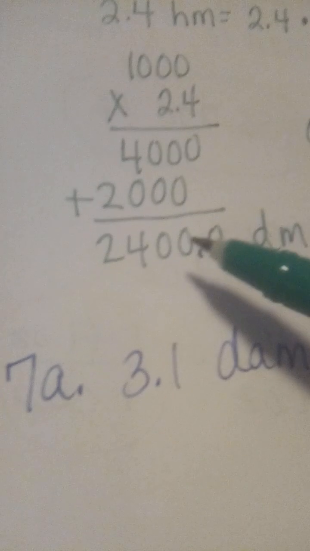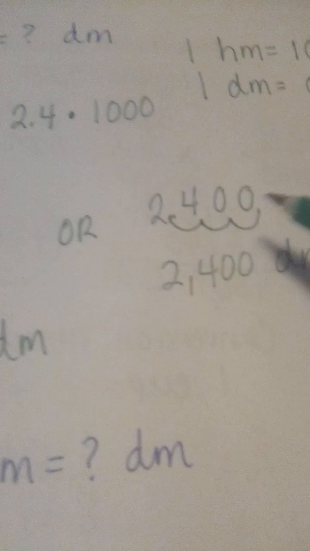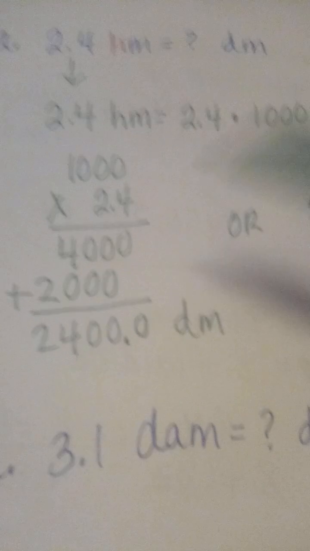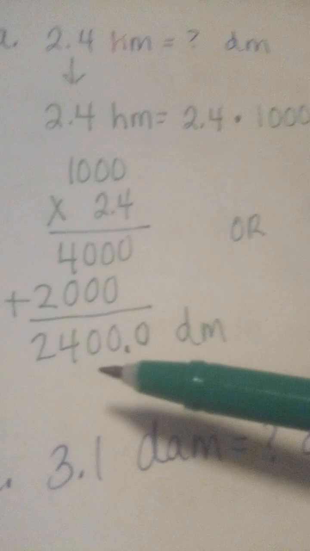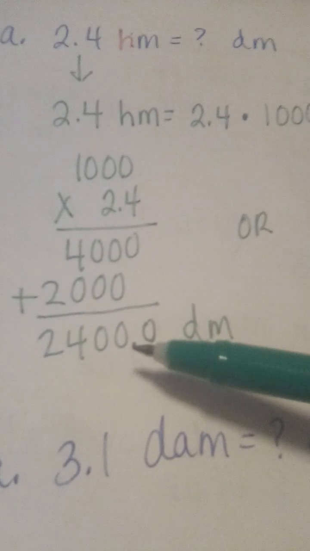Does this match the original one? Yes. Because in this instance, you move the decimal point 3 places to the right. So you got 1, 2, and 3. You get 2,400. And by the same token, the same method, the only difference is you move the decimal point and separate the two zeros. And there is the multiplication part.